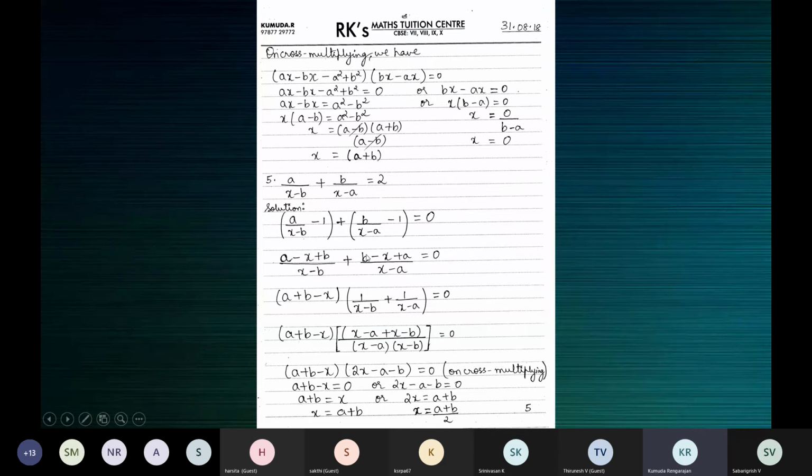Here also a minus x plus b. The numerators are same, so bring it out. Then again in the bracket, take the LCM. When you cross multiply, x minus a into x minus b into 0 is 0. So we have this and this. And on equating it to 0 and solving for x, we find the values of x.